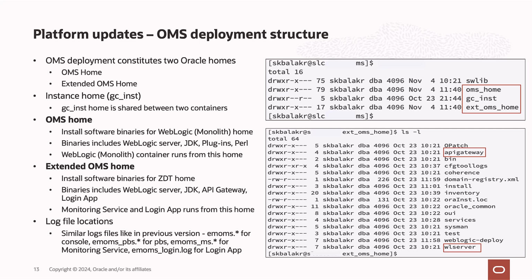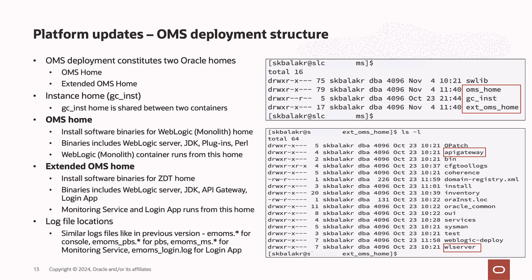In this new architecture, the OMS is divided into two Oracle homes along with the instance home. On the right-hand side, you will see there is an OMS home and an extended OMS home. The OMS home is the primary home where we install the essential software binaries for the monolith WebLogic container, and it includes all the core components like WebLogic Server, the JDK, and the plugins.